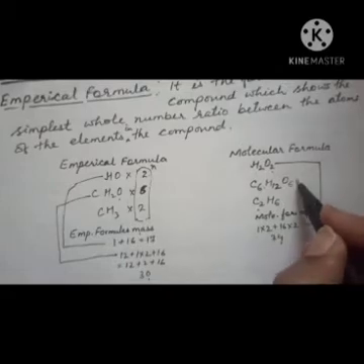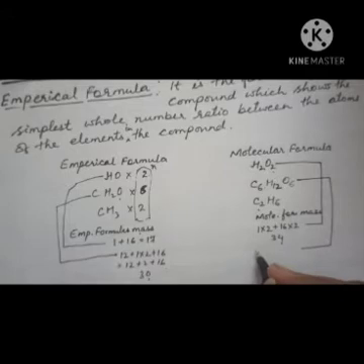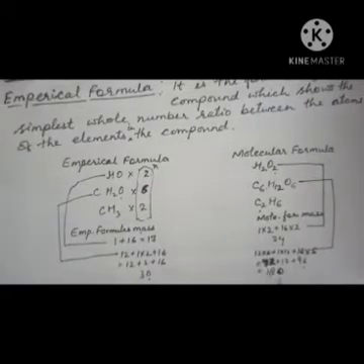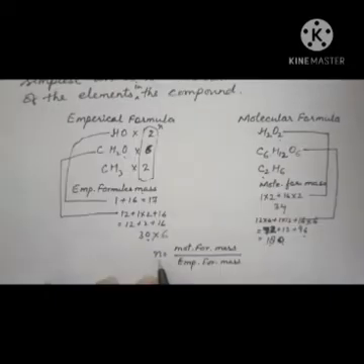The same way, the molecular formula mass of glucose is 12 into 6 plus 1 into 12 plus 16 into 6, and you get 180. It means you find the molecular formula mass of glucose by multiplying the empirical formula mass with 6, and you get 180.